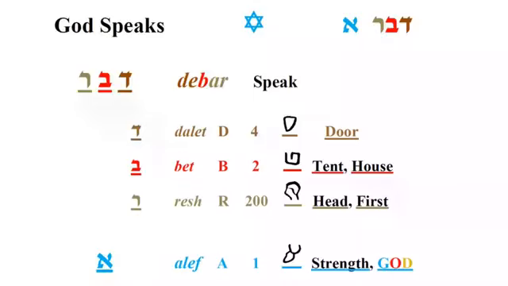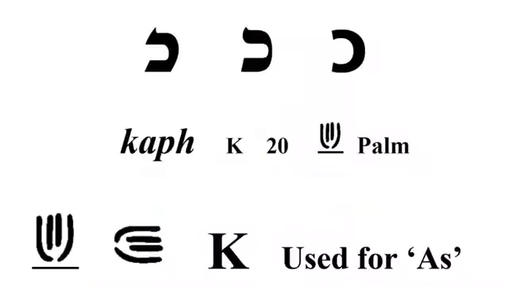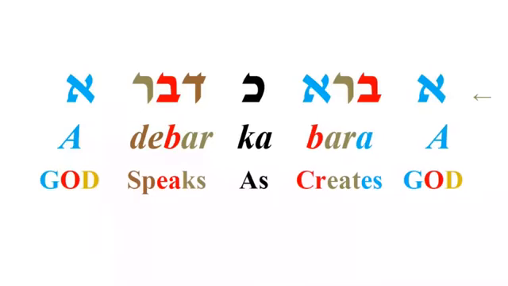In Hebrew, you have a letter Kaf. We talked about the Kaf. Remember, it was the Kaf with the Vav on top that made the Lamed. And the Kaf's picture is an open hand. It's used in Hebrew as the word as, like as cold as, as hot as. You put a ka in there, that's as. So if we put these all together, we can say God creates as God speaks.